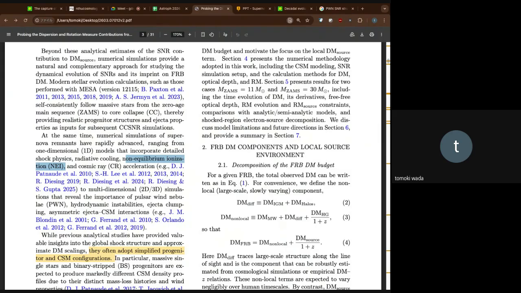Because the dispersion measure comes from ionized electrons, solving this non-equilibrium process is important to check the dispersion measures.